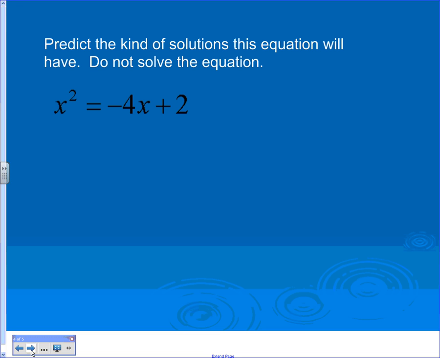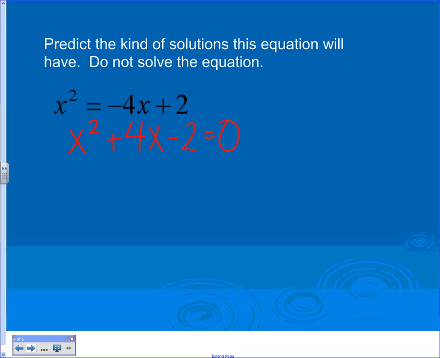So x squared equals negative 4x plus 2. Is that in the correct form that we want it to be in? What do we need to make it? You don't need to.